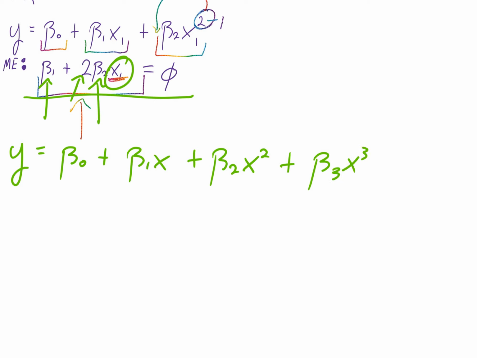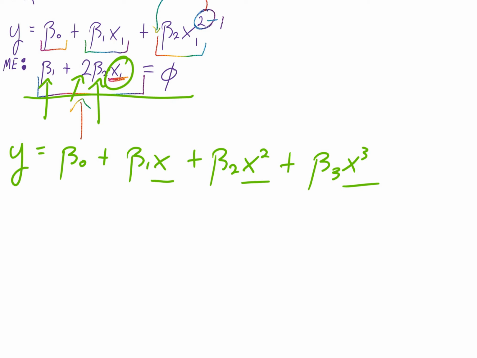Just write your full model out, and when you're finding the marginal effect, just take the derivative with respect to the variable in question, and you should be able to find your answer that way. So it's really very similar to what we've already done before. We're just adding a little bit of spice to it.